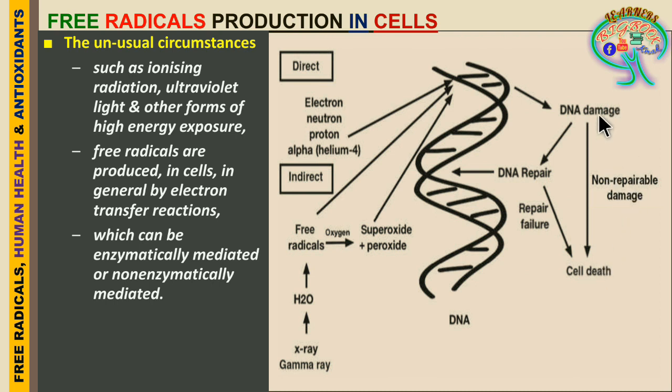If the DNA damage is non-repairable, again it is cell death. If the damage is not repaired and the necrosis or cell death does not take place, and the cell replicates with the damaged DNA, it is going to lead to hazardous diseases. Now, this is regarding the unusual circumstances.